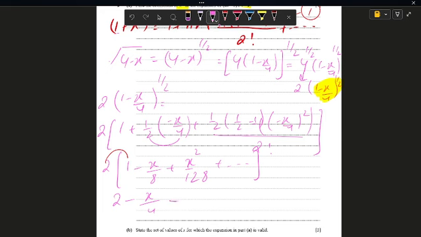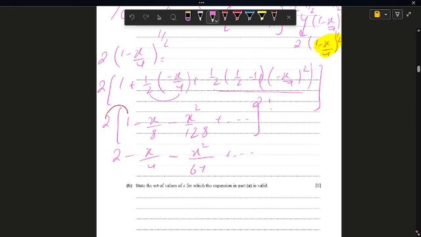This is minus, so it would be treated as minus, not plus, because of multiplication with this minus. I have to work my coefficients up to the expansion of x square, so it will retain as it is. This is the expansion for square root of 4 minus x. So let me highlight this thing.